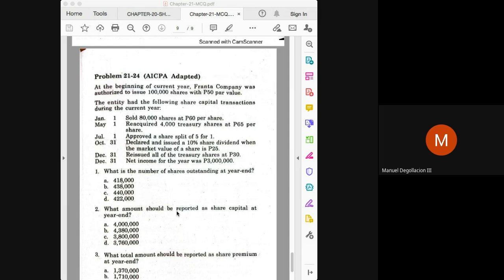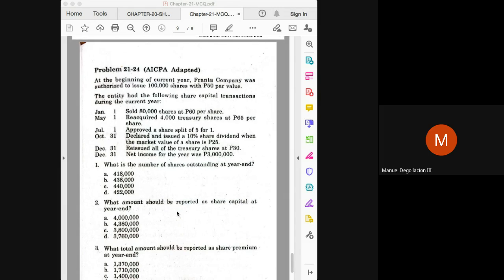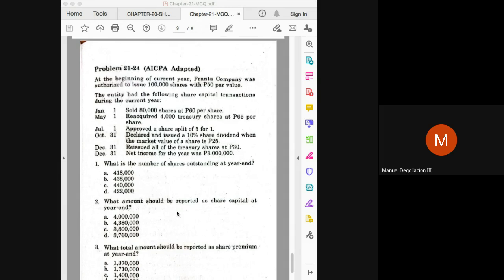So credit share capital for 380. Then the balancing figure would be your share premium. So 950 minus 380, there will be a credit to share premium of 570,000.